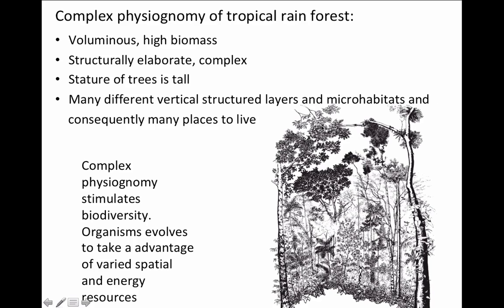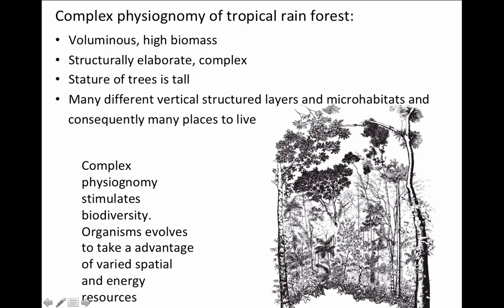For one thing, it's huge. It's voluminous. There's a high biomass, greater than any other ecosystem I can think of. If you took all of this plant material, and animal too, and stacked it up, you'd see it's a great deal of life. And that life is very structurally elaborate, the plants here.